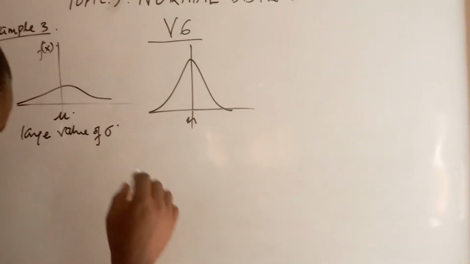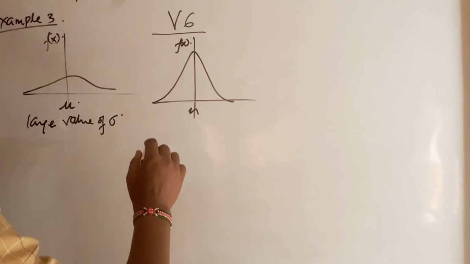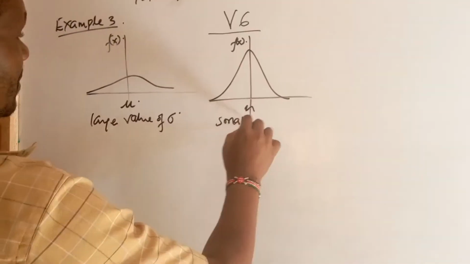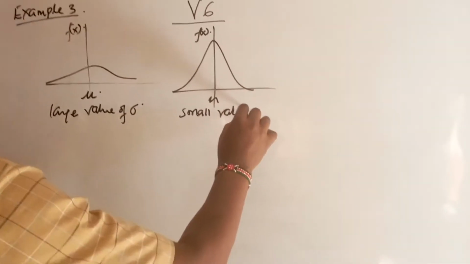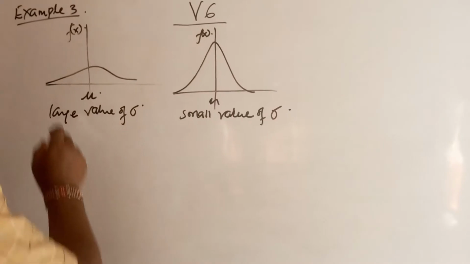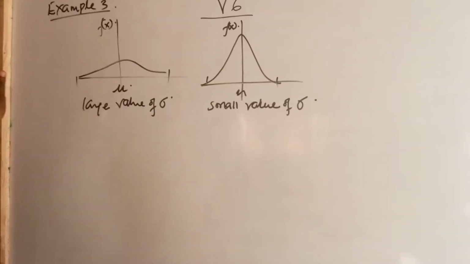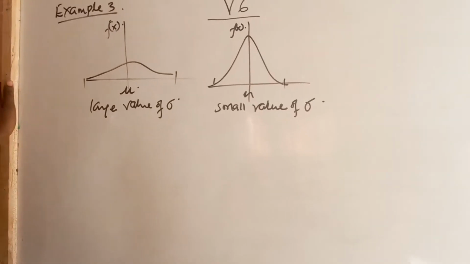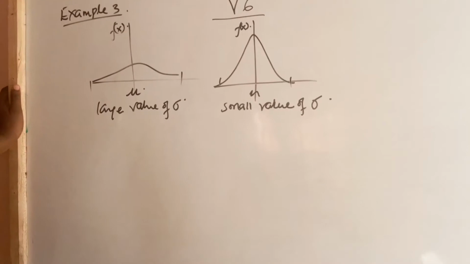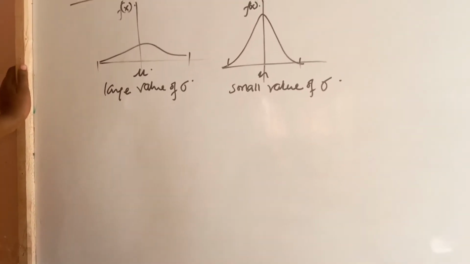It's the same thing, the function of x, and this is a small value of the standard deviation. You can see from here to here is larger than from there to there. But anyway, the distribution will have the same familiar bell shape, but the mean mu and the standard deviation will be different.